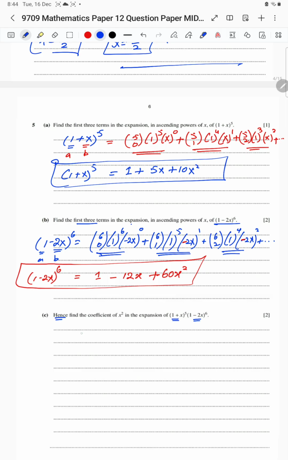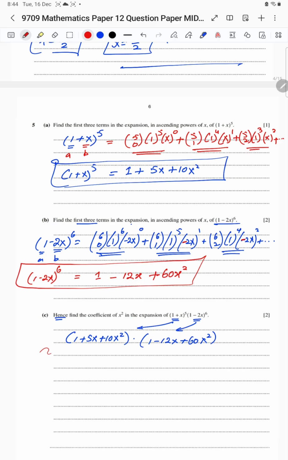Hence means you need to use the results of the first two parts. Here the result is 1 plus 5x plus 10x squared, and the result of this one is 1 minus 12x plus 60x squared. So you need to expand this product and find the coefficient of x squared.